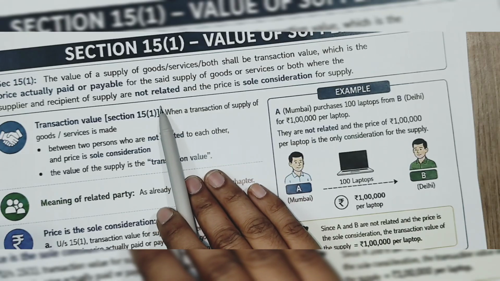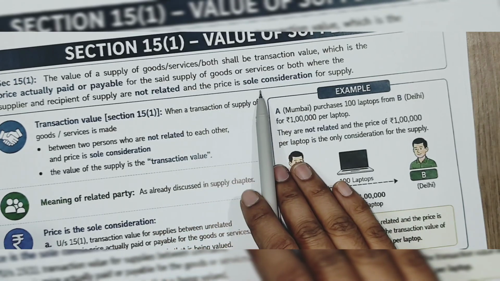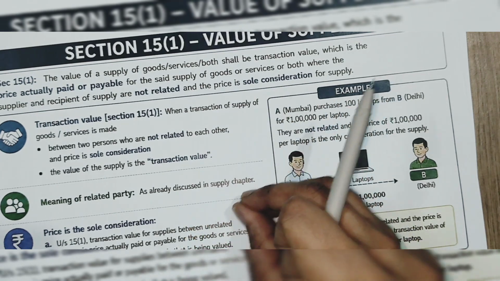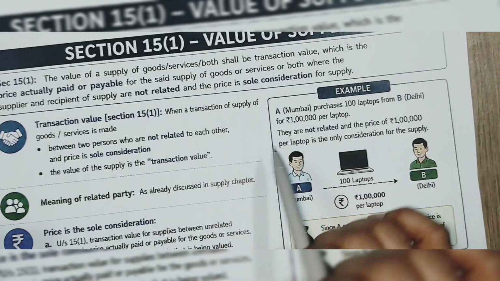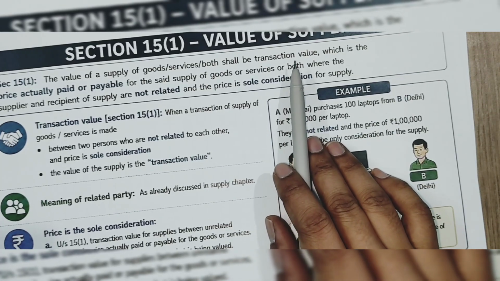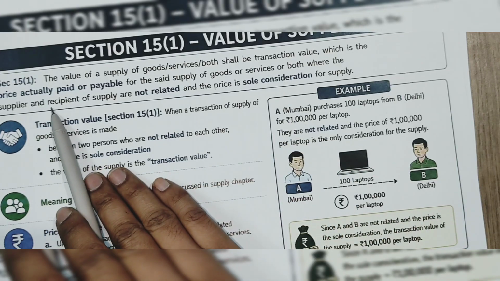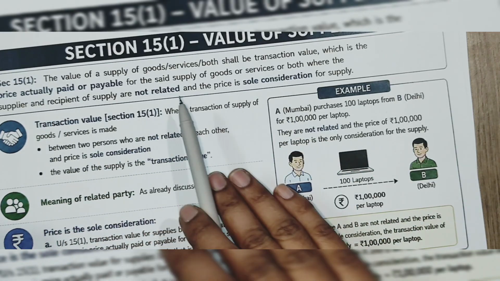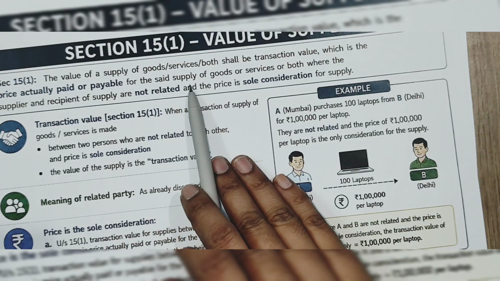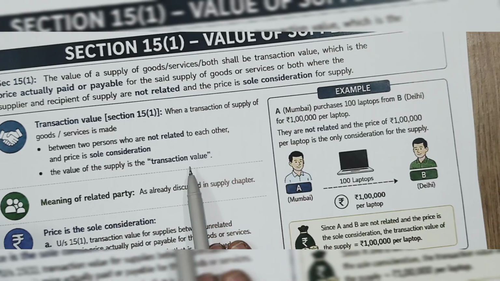They are unrelated persons, and price is the sole consideration, that means completely in the form of money. The transaction value becomes your value of supply, and the transaction value is the price actually paid or payable, and the persons are not related.